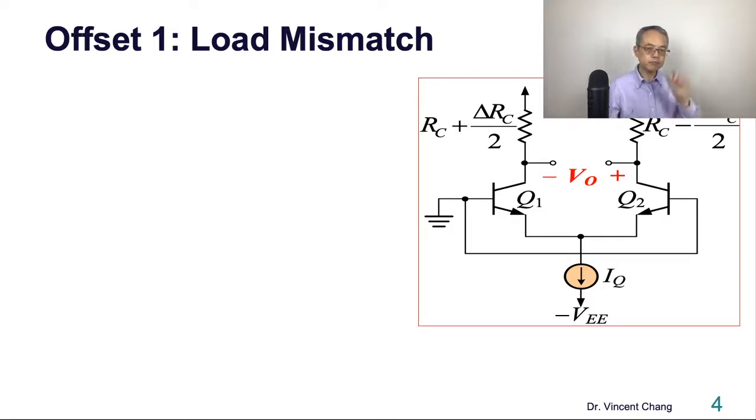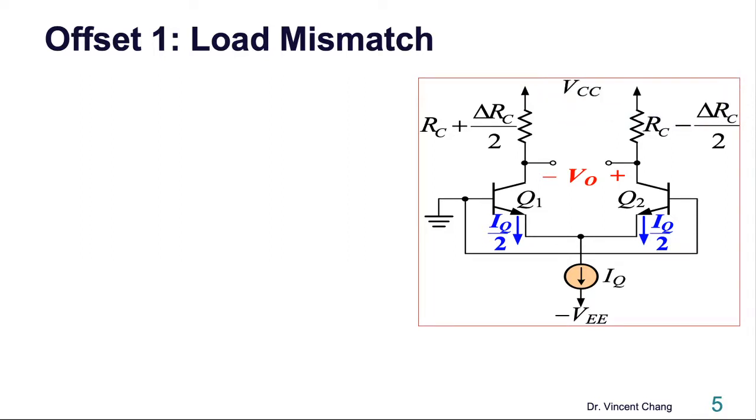The difference between the two collector resistances is delta RC. Because the common emitter and the DC VB are matched, the current splits 50-50, from emitter to collector times alpha.